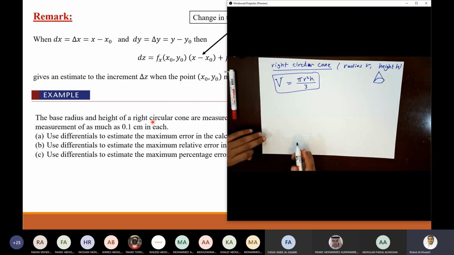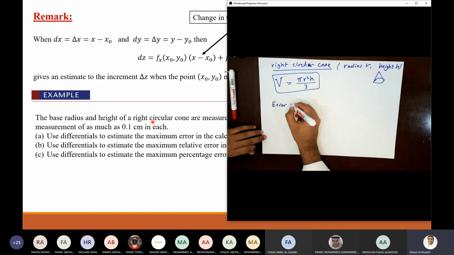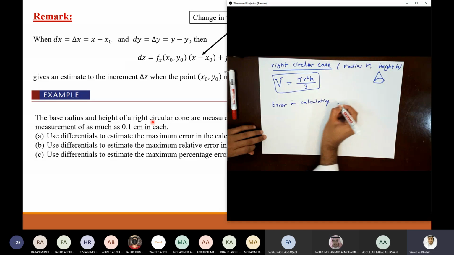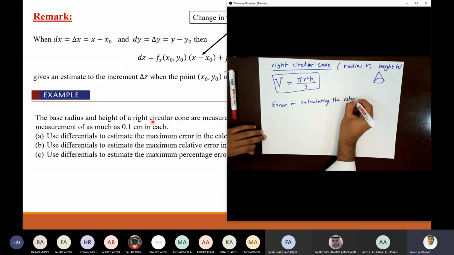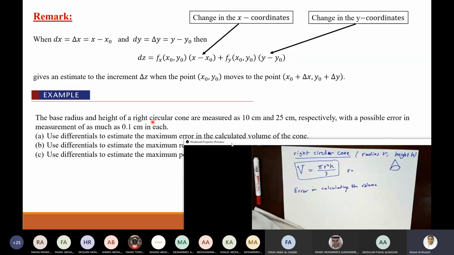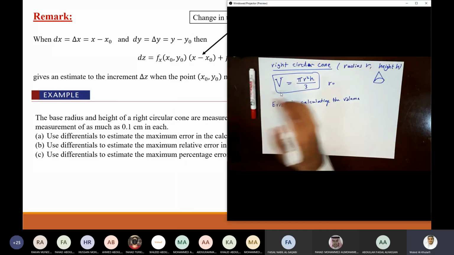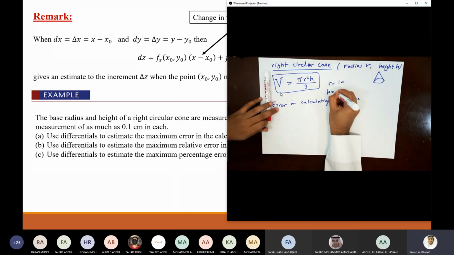Now, he asked me to find the error in calculating the volume. Remember, Shabab, he said the radius, he found it to be 10, if I'm not mistaken. Yeah, he told you 10 and 25. So radius 10 and the height is 25.